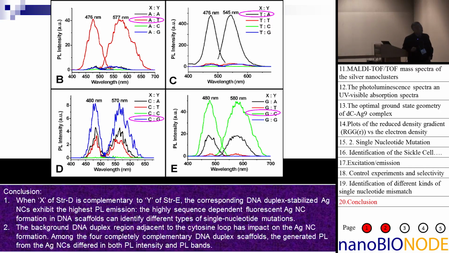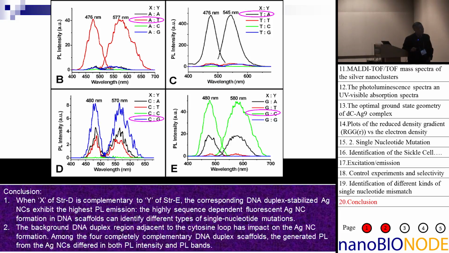So when X of strand D is complementary to Y of strand E, the corresponding DNA duplex stabilized silver nanocluster exhibits the highest photoluminescence emission. The highly sequence-dependent fluorescent silver nanocluster formation in DNA scaffold can identify different types of single nucleotide mutation.